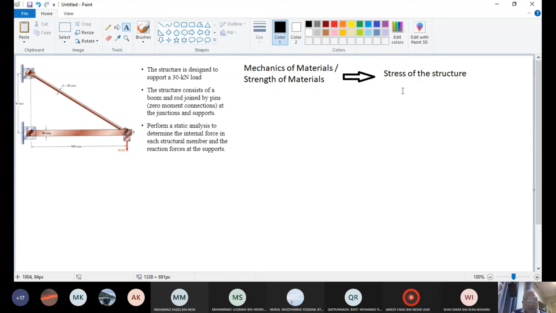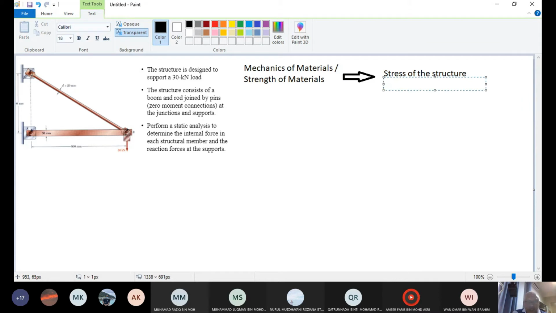Because structure is measured in terms of stress. Because structures are measured in terms of stress. So that's the reason why we study this.